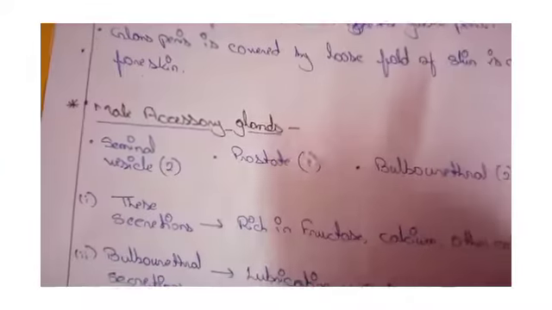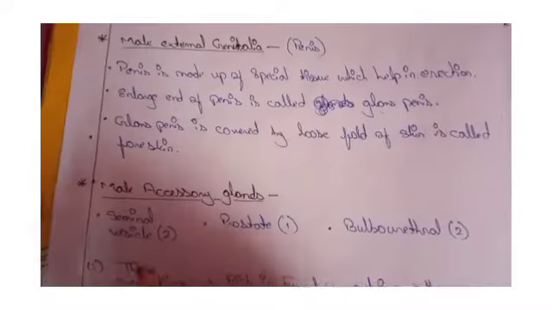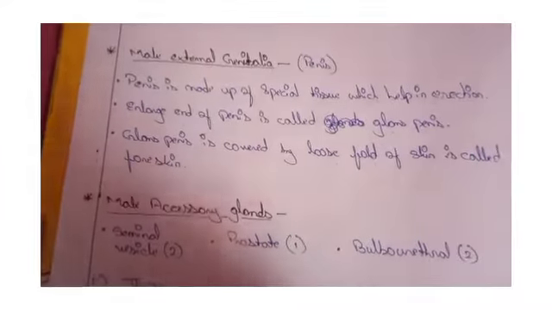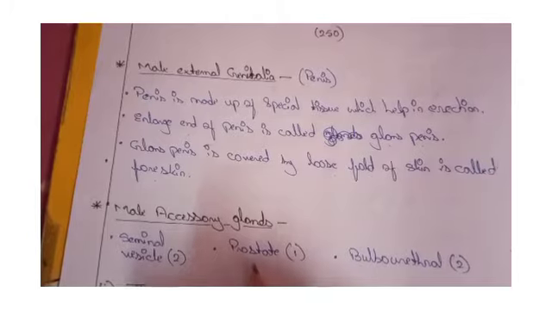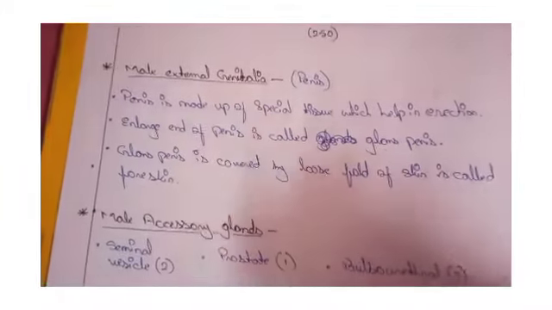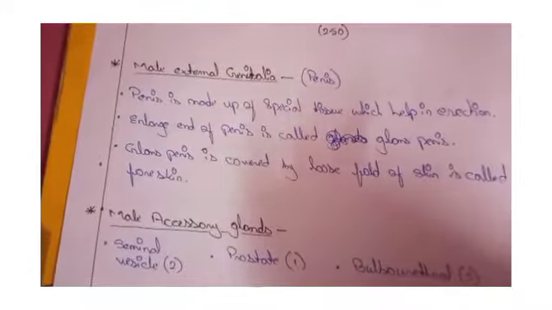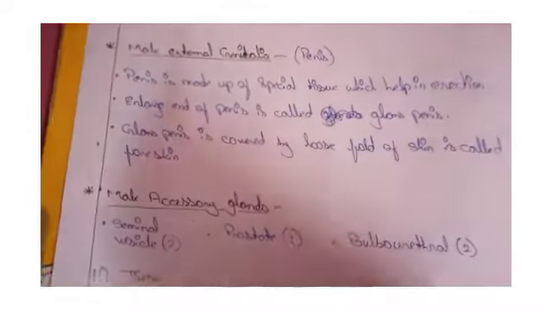Now the male accessory glands. Which are the male accessory glands? Seminal vesicles are two in number, the prostate gland is one, and the bulbourethral gland or Cowper's gland is two.